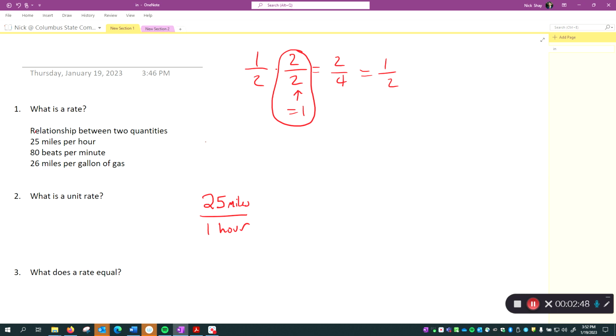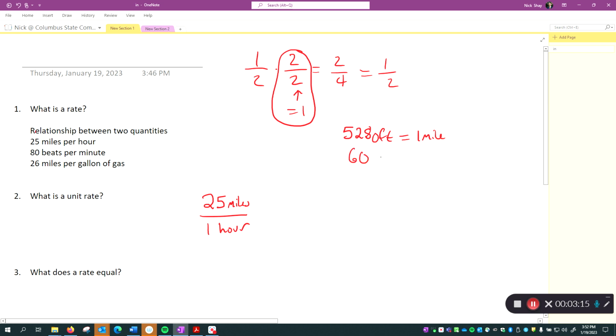Now, let's say I don't really want it in miles per hour. I want to find this in something like feet per second. Well, we're going to use some of the unit rates we know. I know that there are 5,280 feet in 1 mile. You might not know this, but we'll learn it later.